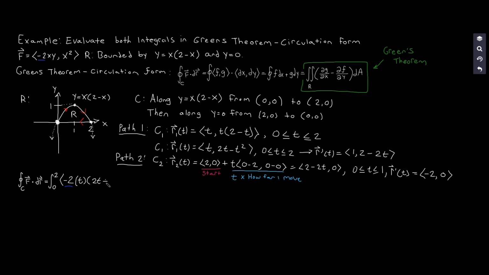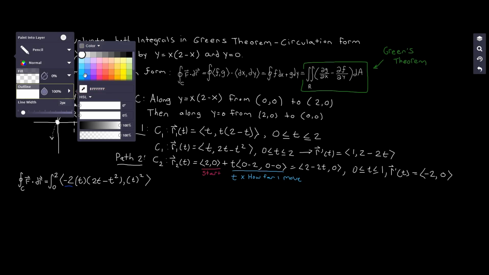So we're going to multiply it t times 2t minus t squared. And then for y, it's going to be t squared.